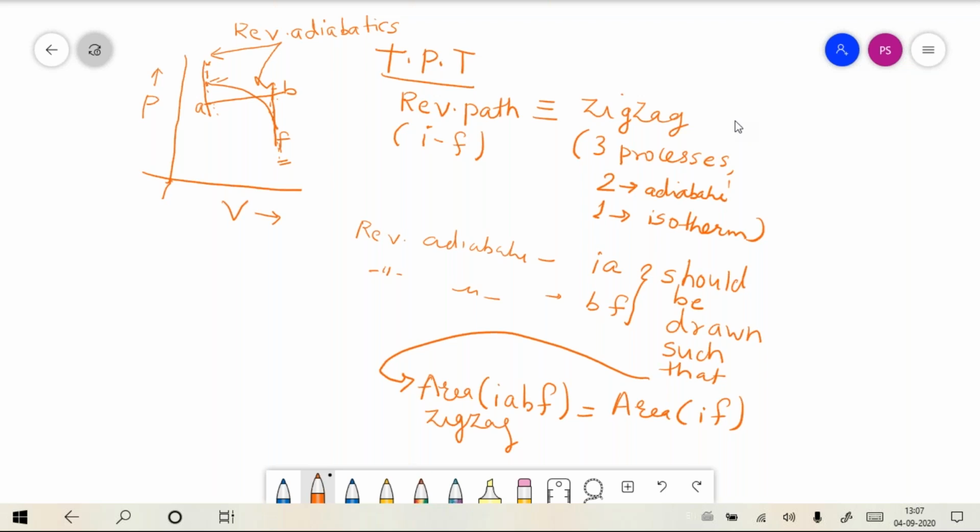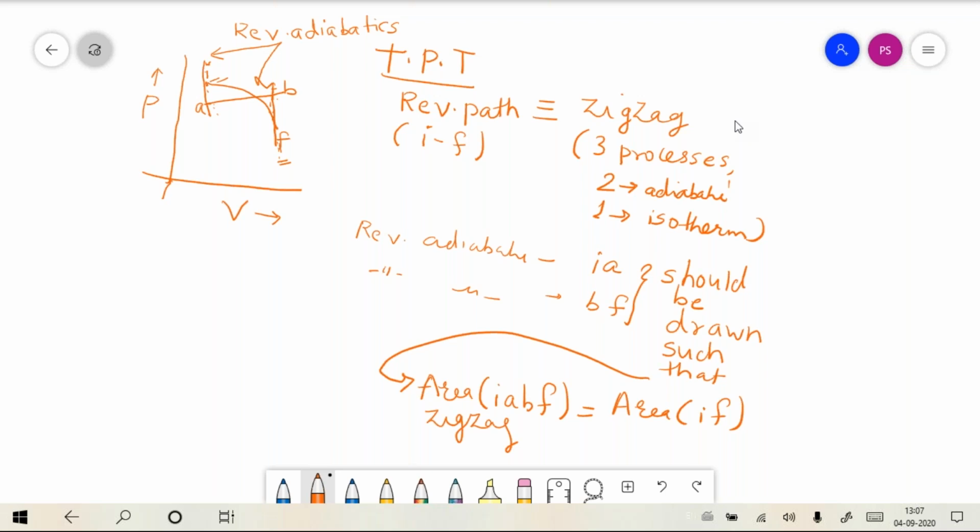One process is a reversible adiabatic, I to A, followed by a reversible isotherm, A to B, and the third process is again a reversible adiabatic, B to F.